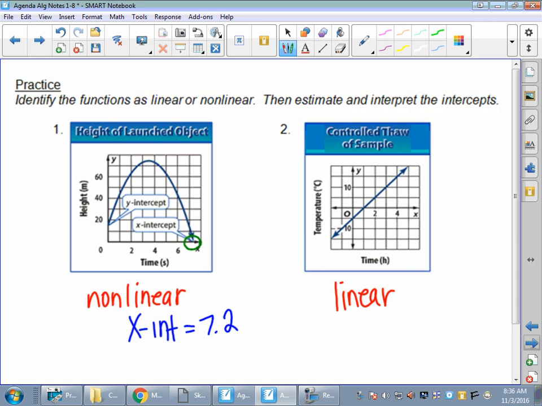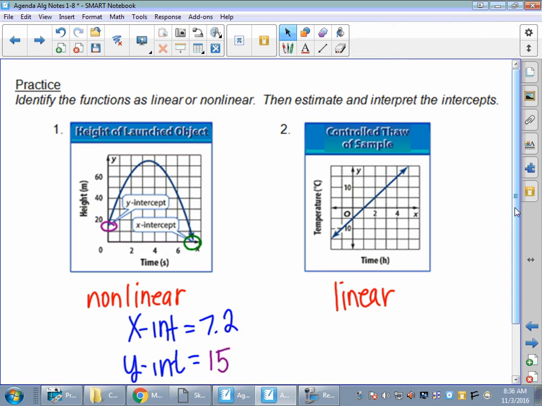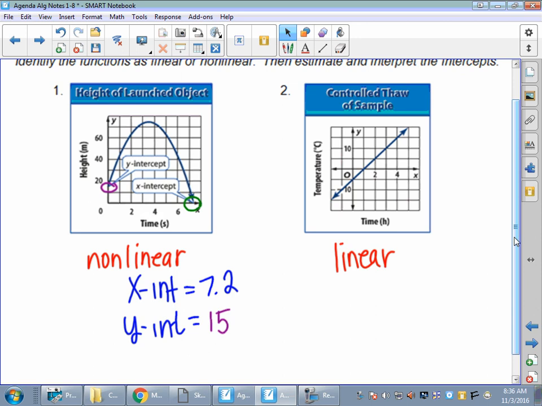The y-intercept is over on the y-axis, and that looks like it's at about 15. Now on a quiz or something, if you told me it was 16, I certainly wouldn't argue with you. It's somewhere around there.